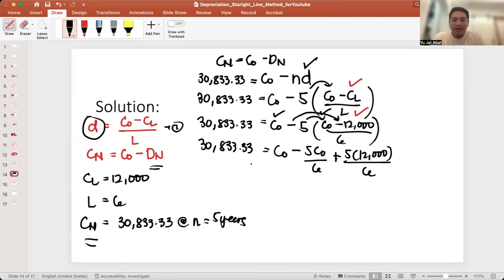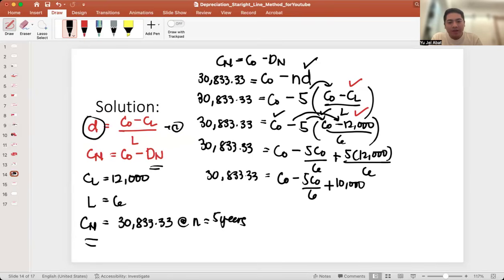Simplifying, 5 times 12,000 all over 6 is 10,000. So we have 30,833.33 equals C sub O minus 5 C sub O all over 6, plus 10,000.